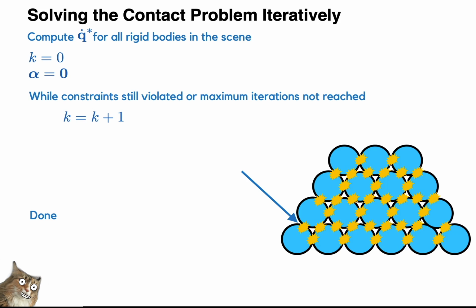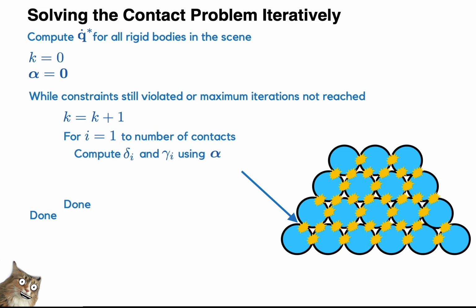In each iteration of this algorithm, we will loop over all our contact points, and at each contact point, we use our current value of alpha to compute delta I and gamma I. We've already seen how to do that on the previous slides. We can then solve for the new value of alpha I, and we store this in our big alpha vector.